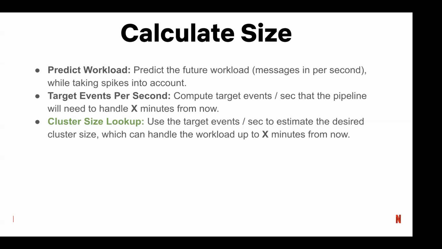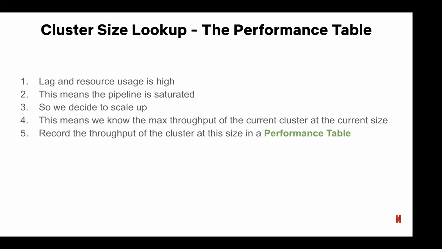Now we need to use that target event rate to look up an appropriate cluster size that can handle that event rate. We do that by using the performance table. Previously, I mentioned that during a scale up, when we decide to scale up, we save the current size and throughput of the cluster in a performance table, because when we decide to scale up, that means that the router is operating at maximum capacity.